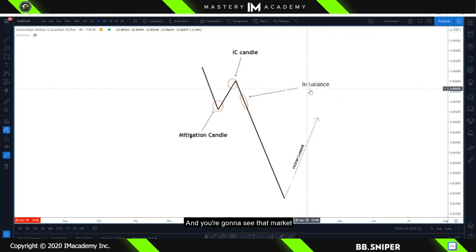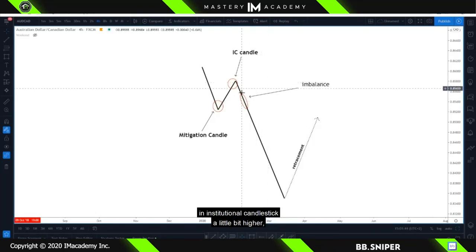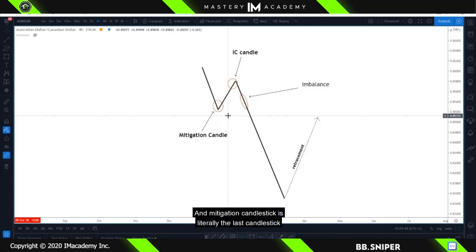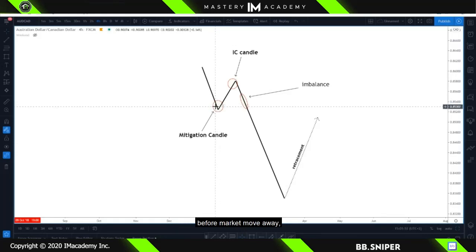We can see it right over here, and you're going to see the market just tapping into that imbalance and reversing to the downside. Sometimes we're going to have the imbalance and institutional candlestick a little bit higher, and the market is going to reach back to the mitigation candlestick, right? And the mitigation candlestick is literally the last candlestick before the market moves away, which is that bearish candlestick right over here for this example.